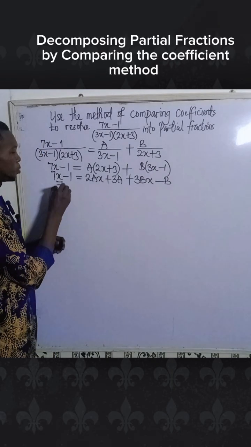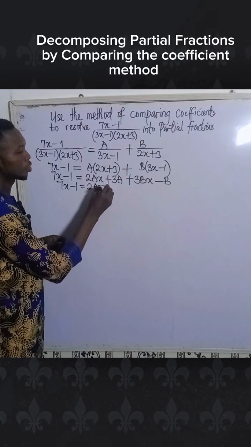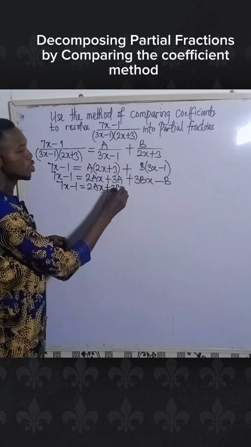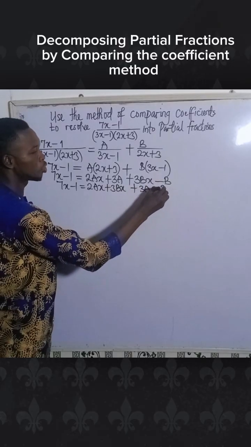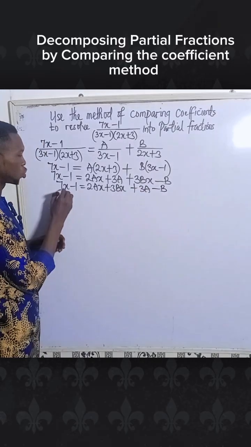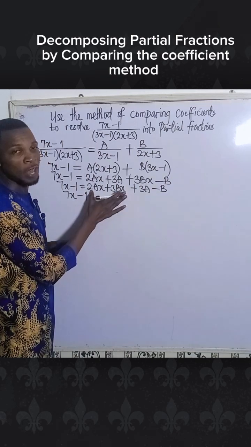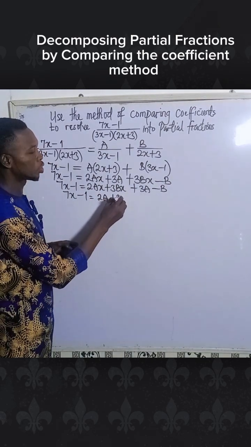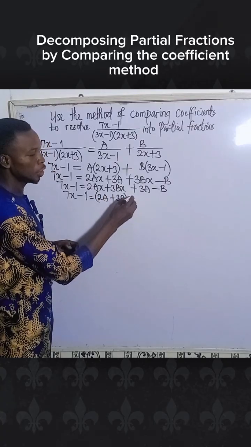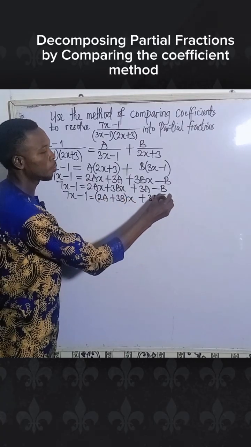So 7x minus 1 is equal to 2Ax plus 3Bx, then the constant terms 3A minus B. Do you understand? Okay, good. So you factorize this: 7x minus 1 is equal to (2A plus 3B) into x, plus 3A minus B.